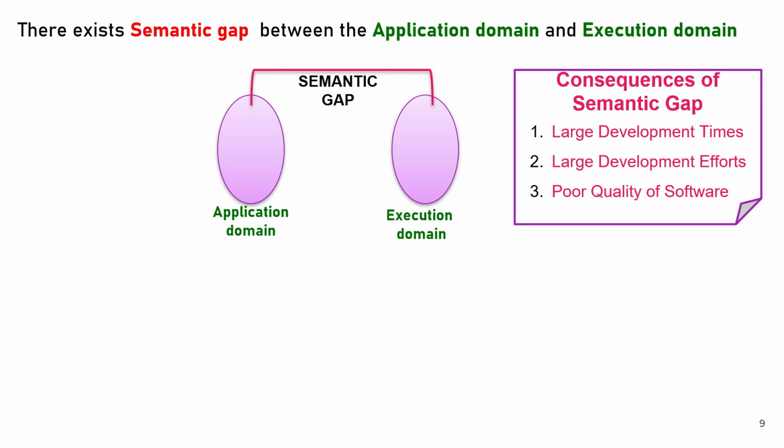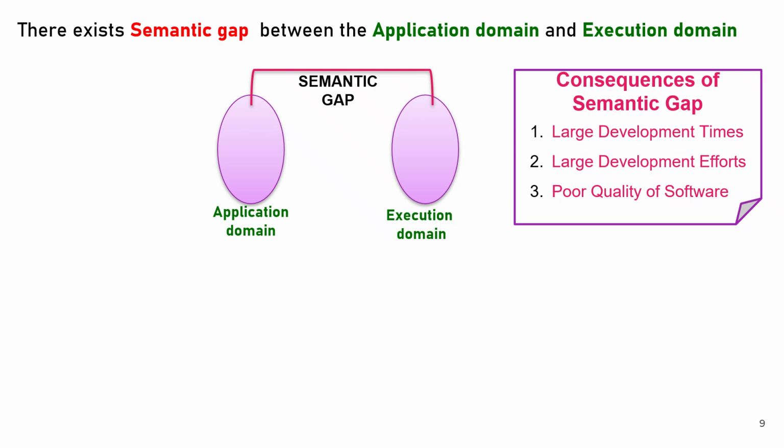And because of this semantic gap, the time to develop the software, the efforts taken to develop the software will be very high. Apart from it, the quality of the software which is built is also very poor. Take this example.